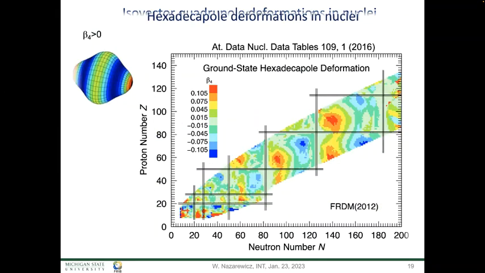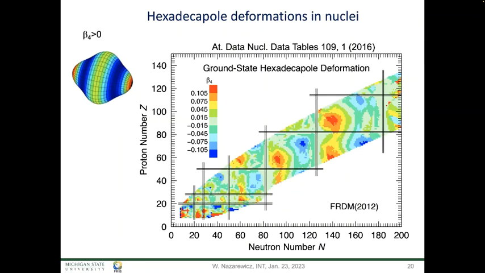Okay. So, and these are hexadecapole deformations. As you remember from the simple picture, as you go beyond a doubly magic nucleus, you will first have positive hexadecapole moments, and then you will get something close to zero, and then negative hexadecapole moments.